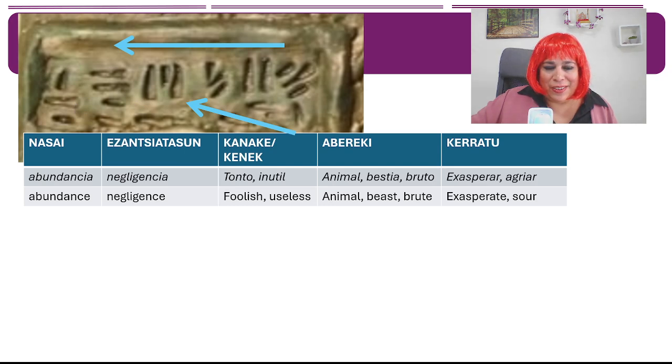So it's saying you exasperate, or you exasperate, animal foolish with abundance negligence. And it's funny because this symbol is the word kanake or kenek that continues in use nowadays in several languages, for example in Hawaii. And it refers to a person that is a complete idiot or useless.